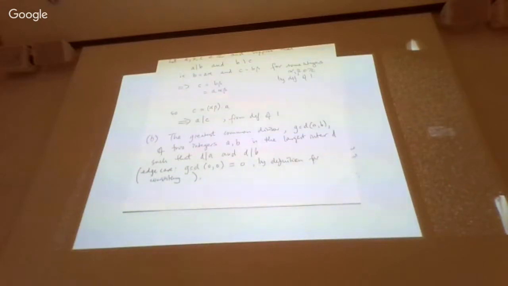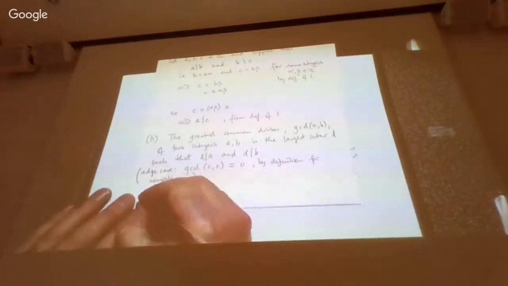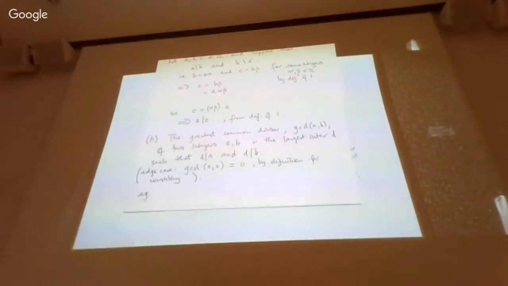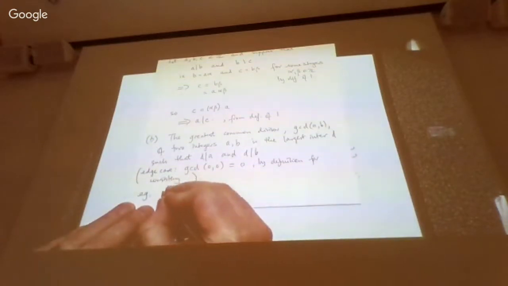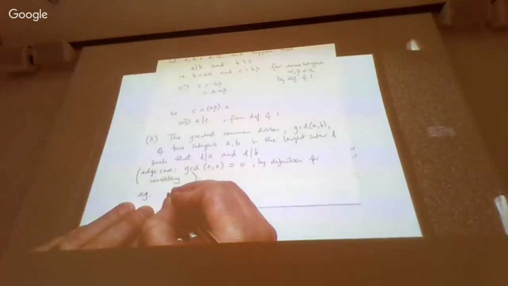Okay, so is that a clear definition? The greatest common divisor of two integers is the largest integer D such that D divides A and D divides B. Pretty straightforward. Maybe give an interesting example, e.g., 24 and 30, let's say.